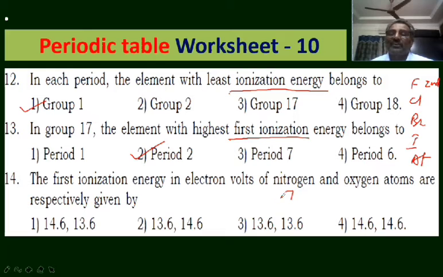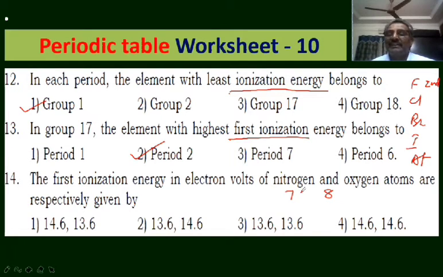Atomic number of oxygen is 8. Nitrogen comes before oxygen in the period. When we move from left to right, the ionization energy gradually increases. So according to this rule, oxygen atom should have the highest ionization energy compared to nitrogen.